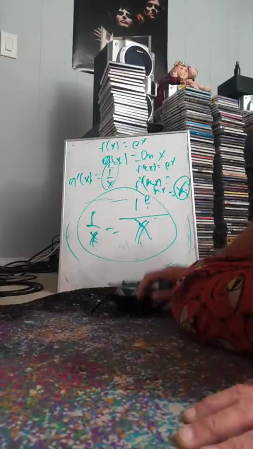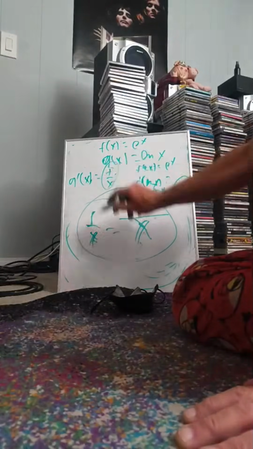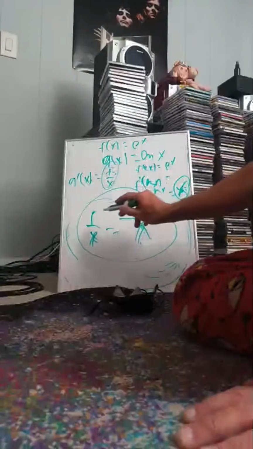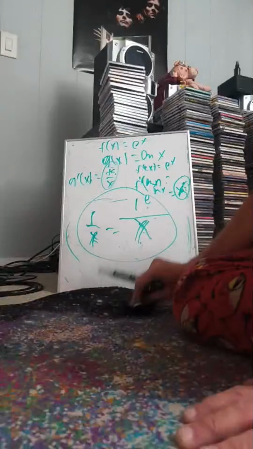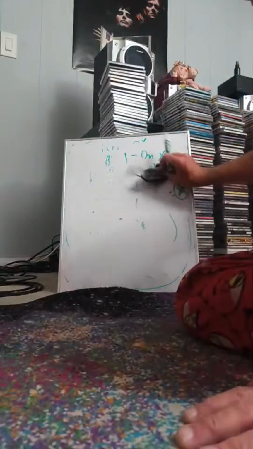Yeah, we did it. Because 1 over x is the inversion of x, this big thing was x, this whole thing was 1 over x, and that 1 over x is equal to 1 over x. So our equation worked. I'll write it out one more time.